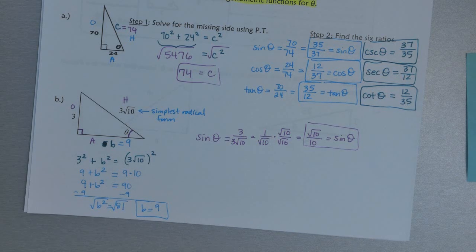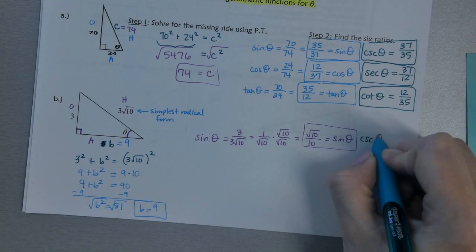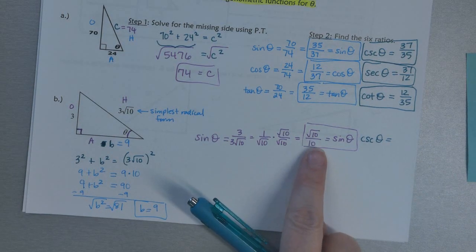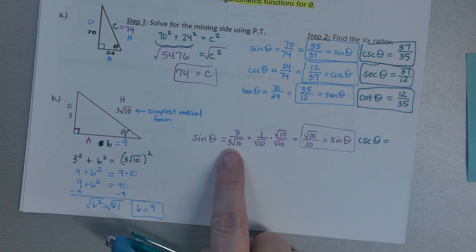Now we're going to jump to the cosecant from this, and I'm going to show you the quickest way to do it. The cosecant is the reciprocal, but if you were to flip this, you would have to rationalize it again, and it's a lot easier to look back here.